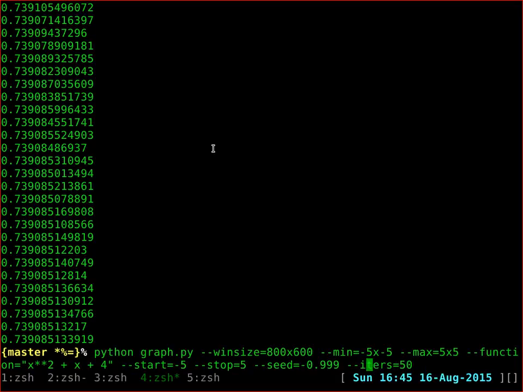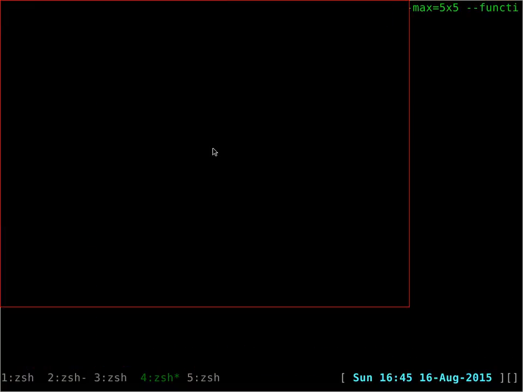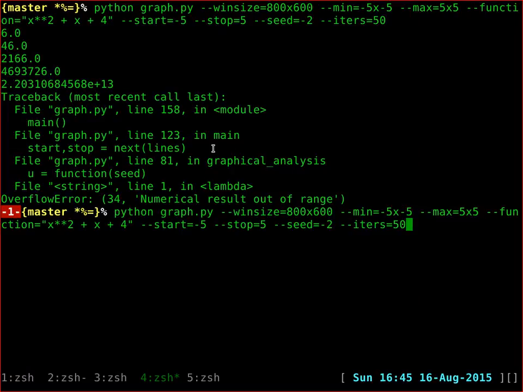So, alright, this has two fixed points. One is minus 2, which you can see that minus 2 plus 2 is minus 2. Plus x minus 4, I'm sorry. So x squared plus x minus 4.